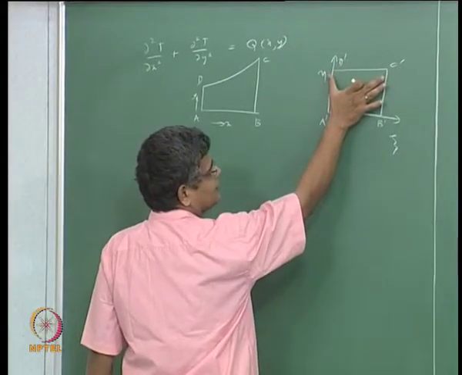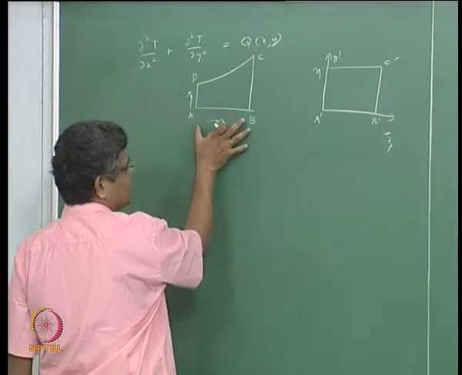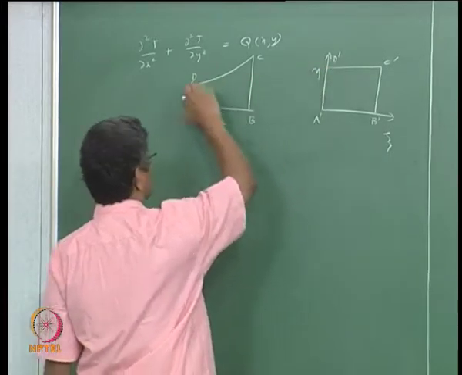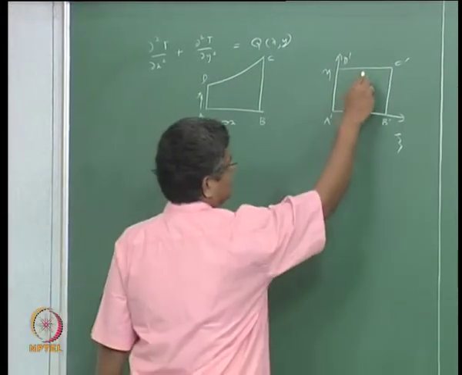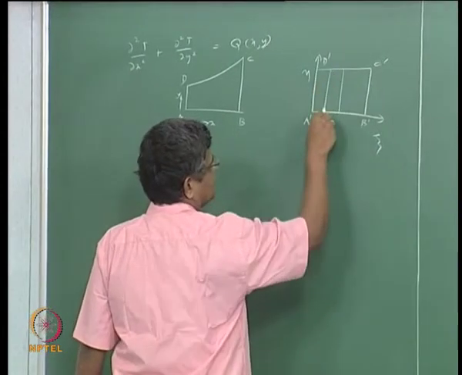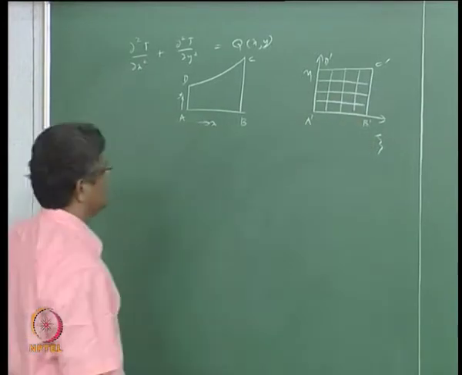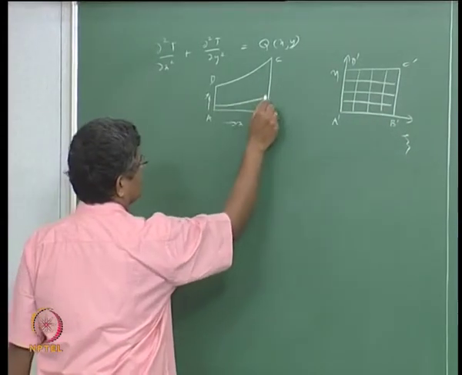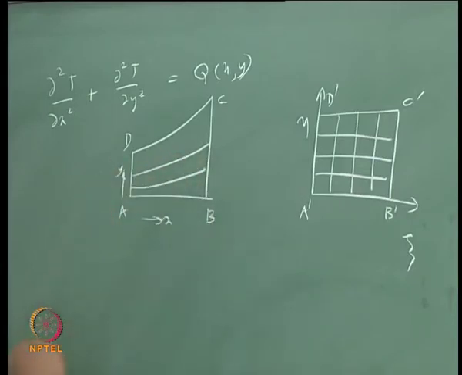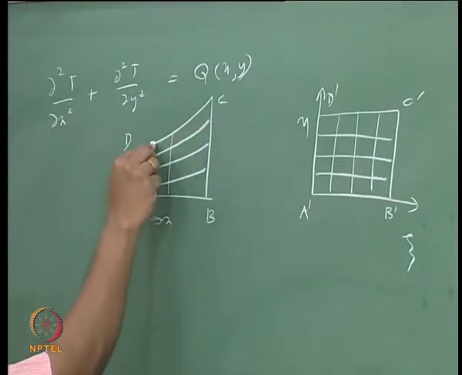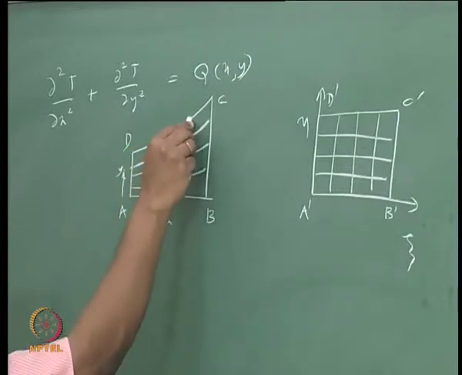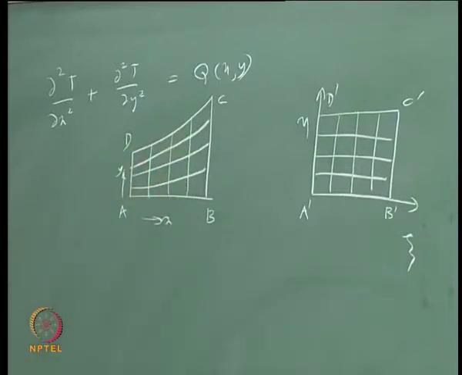Therefore C prime D prime corresponds to this, and AB corresponds to this, A prime D prime corresponds to this, and lines which are uniformly distributed here may correspond to lines which are curvilinear like that. 1, 2, 3, 4, 5, 1, 2, 3, 4, 5.